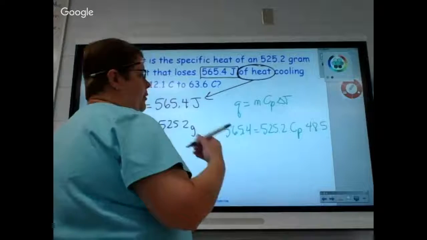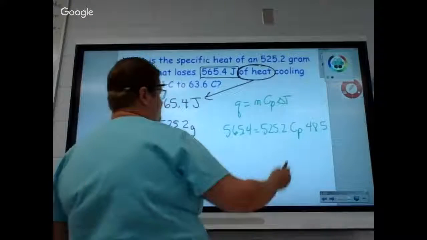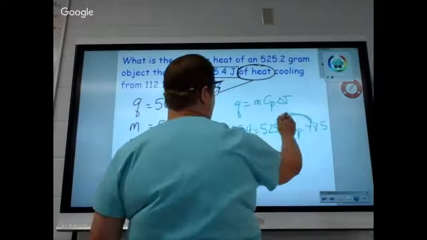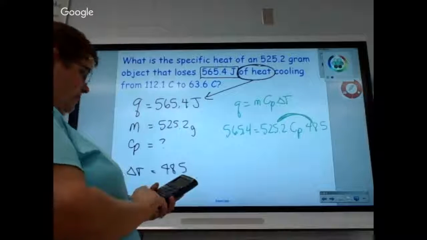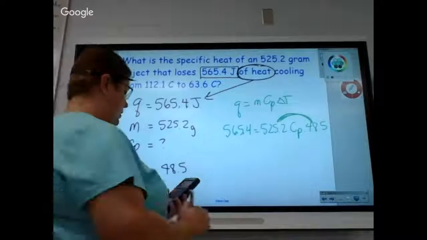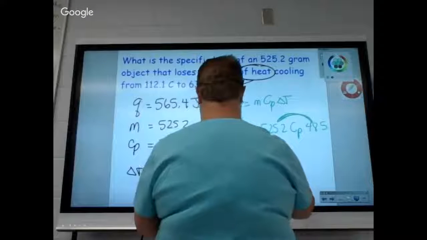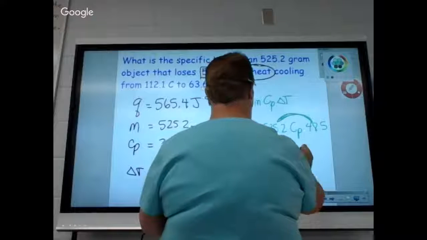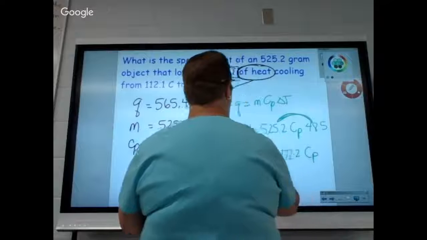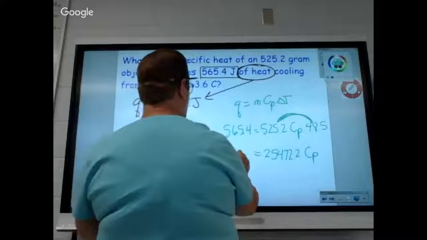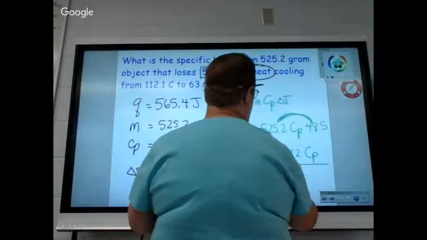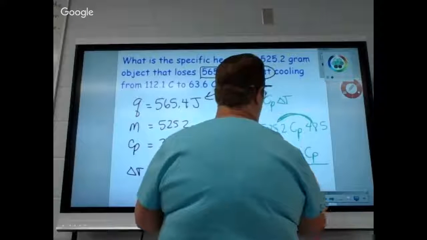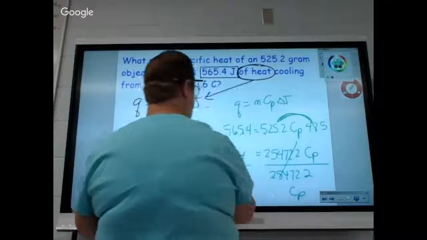You can, but I probably would not do that first. I would combine my like terms. I would go ahead and combine those. 525.2 times 48.5 and get my 25,472.2. Cp equals 565.4 divided by that.